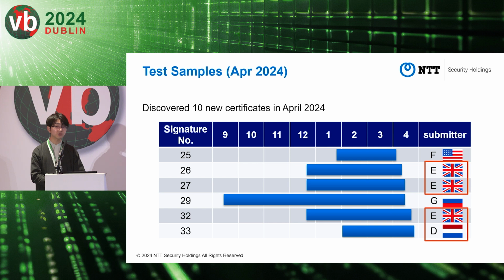Among these 6 certificates, we identified that uploaders D and E were already known to submit test samples from our previous investigation. This means that we could have predicted the abuse of the remaining 4 certificates based on their association with known test sample uploaders.